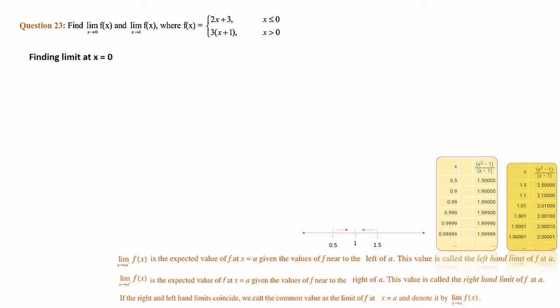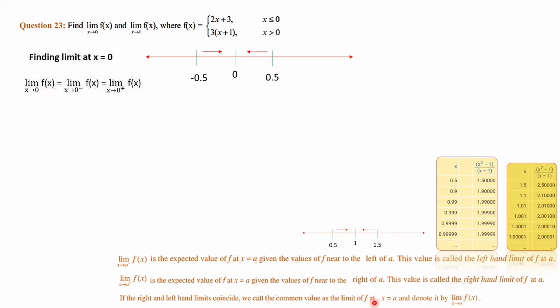Finding the limit at x is equal to 0. This is the first question we are going to solve. When we consider 0, there are left side of 0, these are the values, and right of 0, these are the values. And here limit x tends to 0 f of x, these two values should coincide.